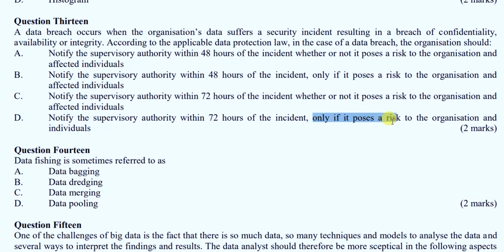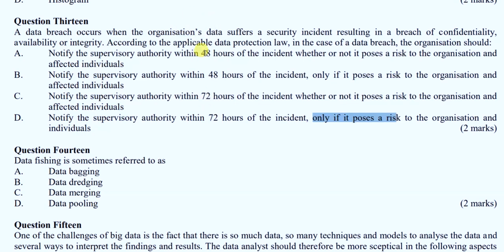Only if it poses a risk to the organization and individuals, the supervisory authority is required to be notified within 72 hours of the breach. So that is the answer according to the General Data Protection Regulation as used in the European Union and the European Economic Area.